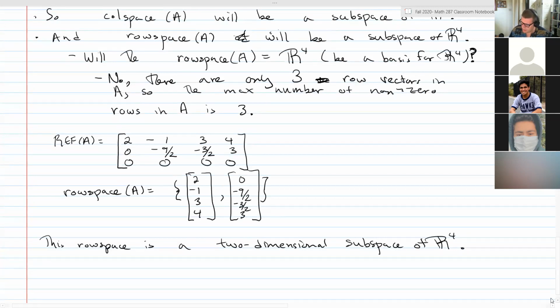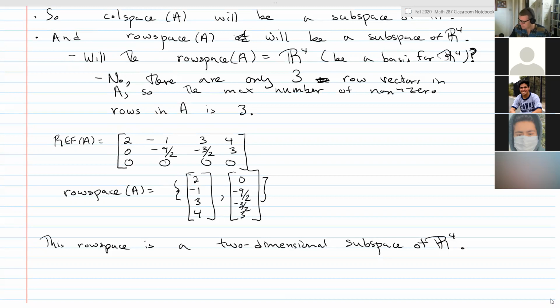So we define the basis utilizing the number of dimensions in the basis and the parent vector space. So it's a 2-dimensional subspace of R4.